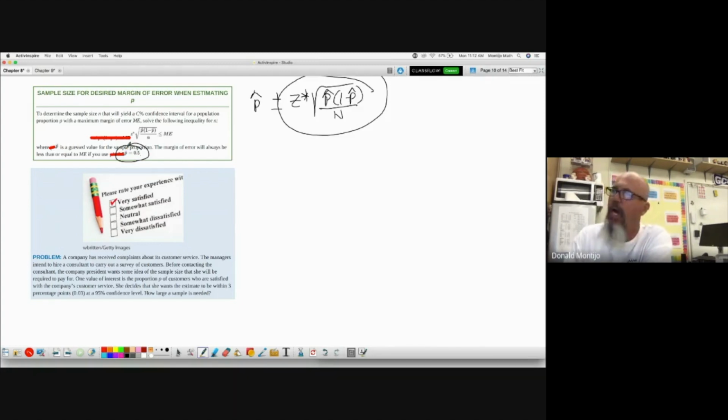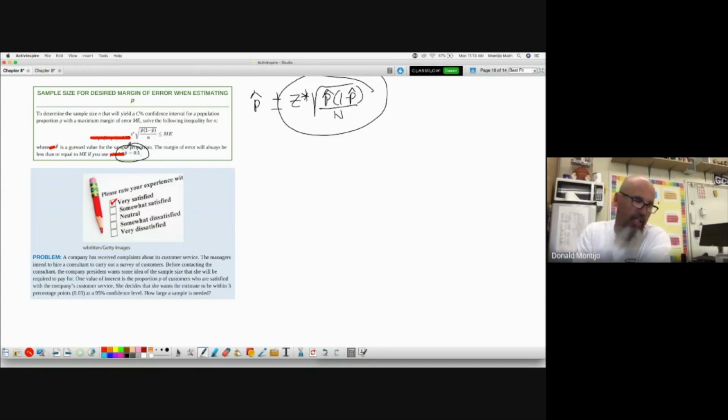No matter what, we use 0.5. That way it gives us the largest n. So if p was smaller or larger than 0.5, we would still be safe with this size of a sample to meet the required parameters that were put onto us.